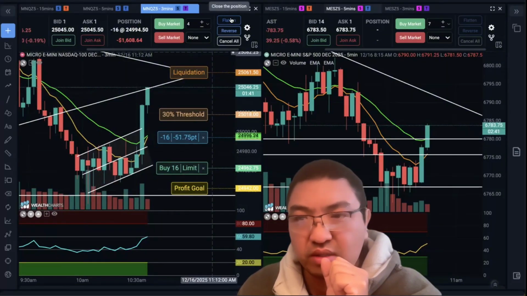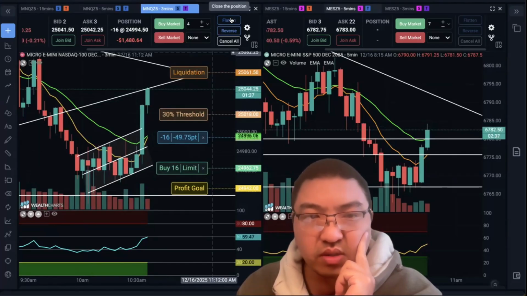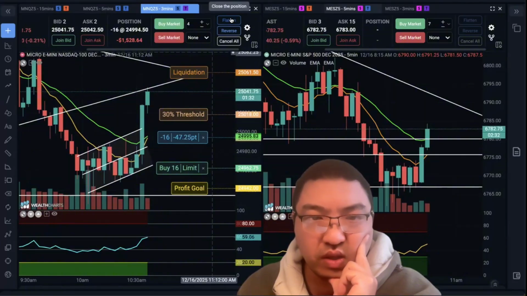Oh, this is a trend line. See if it breaks the trend line. It breaks the trend line. Let's see when it gets rejected. It breaks the trend line.